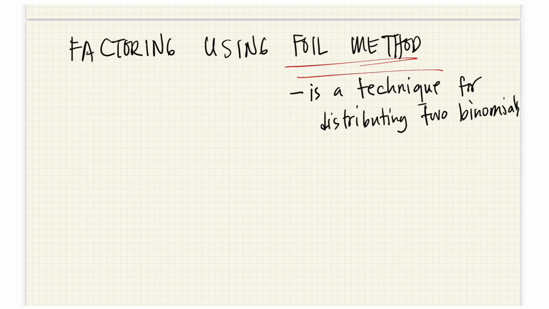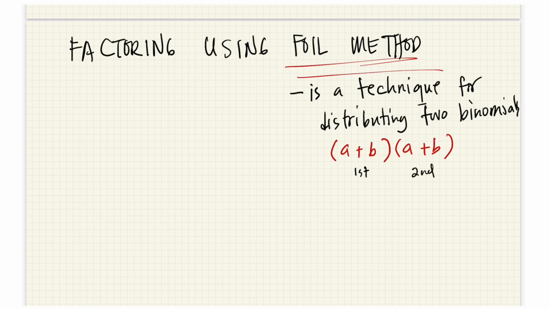So, what are binomials again? Binomials are expressions inside two brackets. I give you an example here: a plus b times a plus b. This is your first binomial, and this is your second binomial.